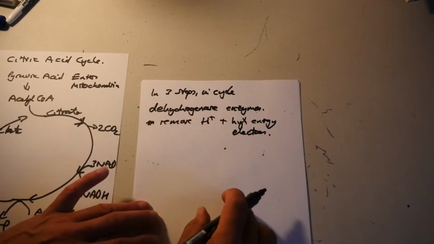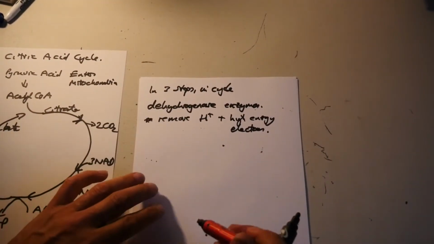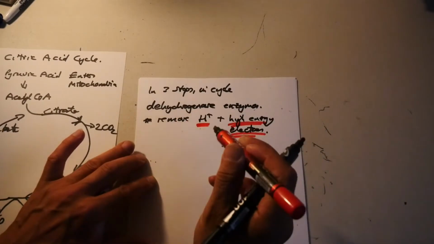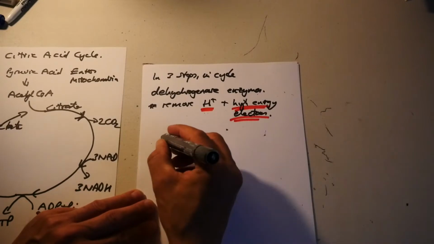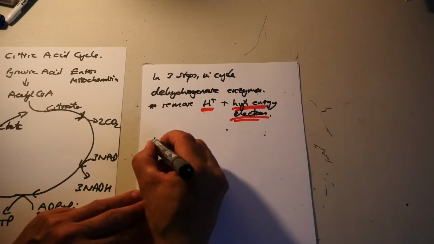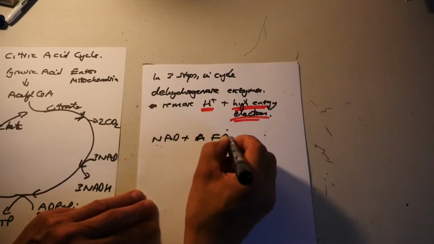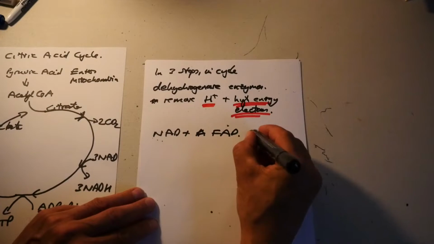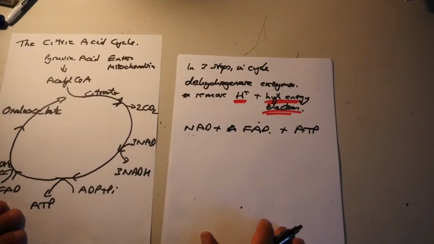So they remove hydrogen ions and high energy electrons and attach them to NAD plus FAD. Plus also ATP is made, as I showed here.